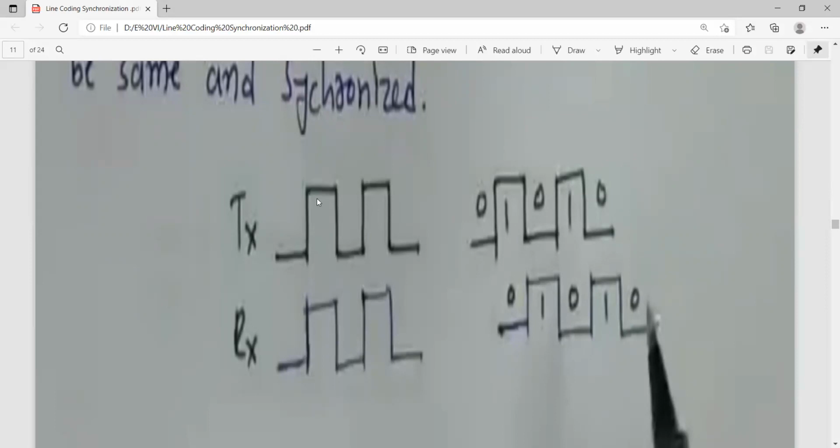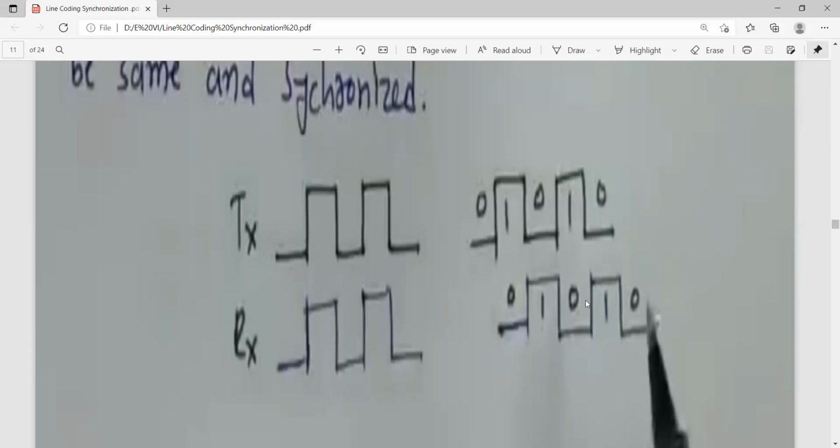But whenever there is a deviation between the transmitting clock and the receiving clock, there is a chance of producing some errors. So here, one clock difference: it starts from here, but this one starts one clock later. So there is a lag of one clock pulse.